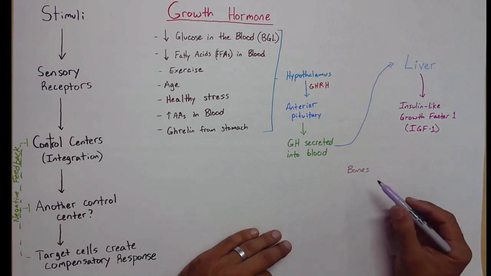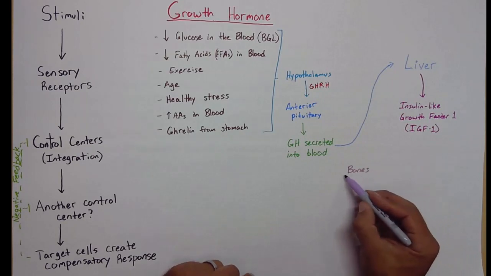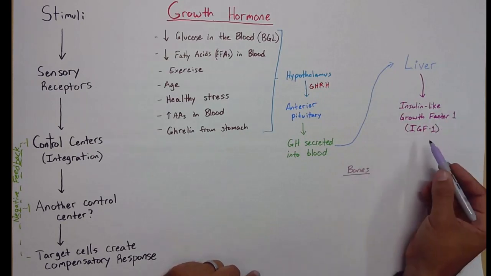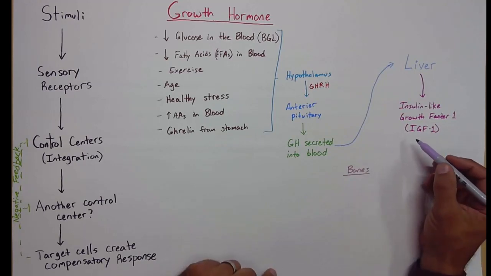In the bones, if you recall, the bones are made up of two major types of cells, osteoblasts and osteoclasts, that help with building bone and breaking bone down. So what if I told you that IGF-1 is a very powerful promoter of osteoblast function?